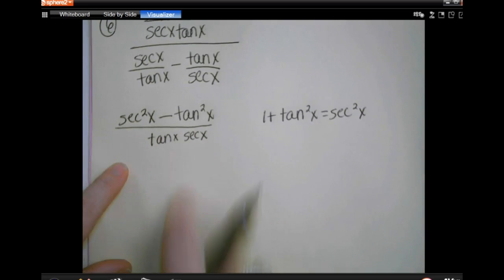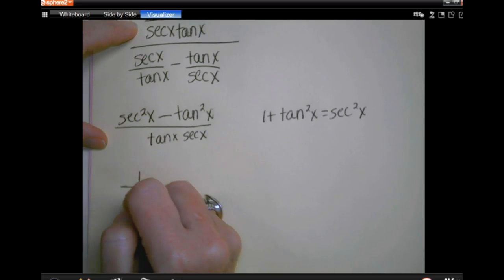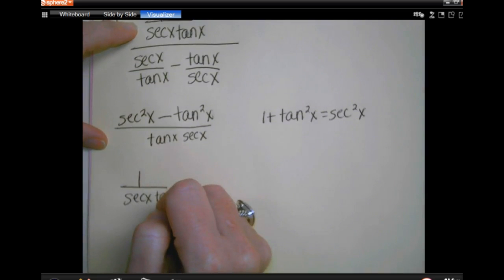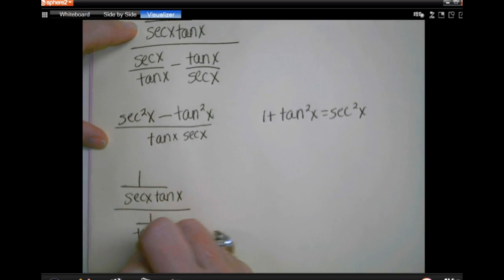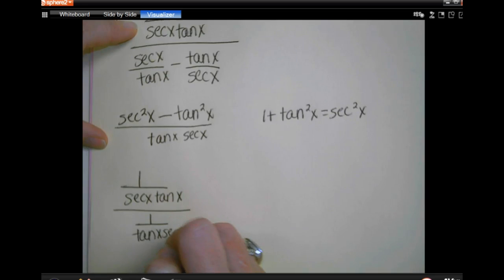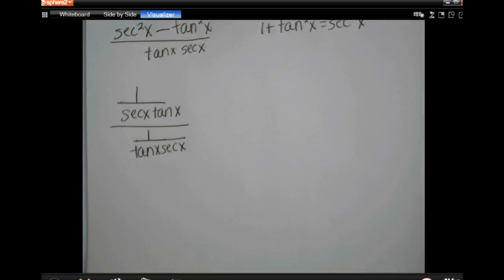So this is 1 over tangent secant. So on top, I have 1 over... So what happens when I flip those? It's 1. And it becomes?